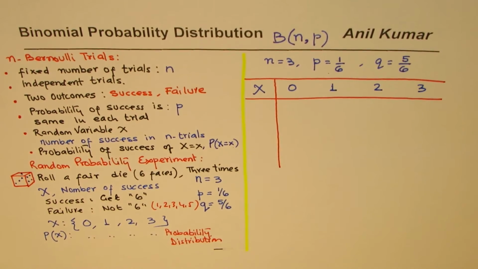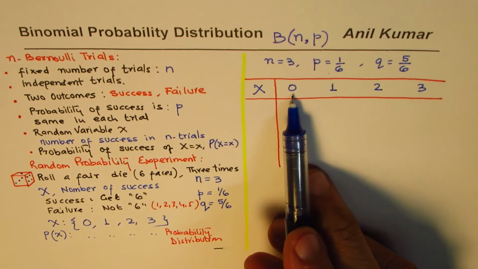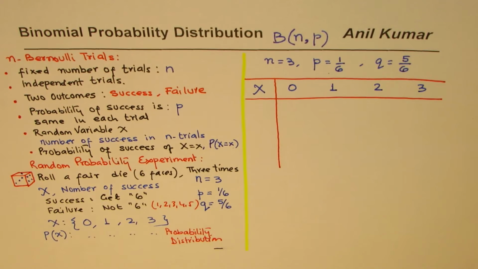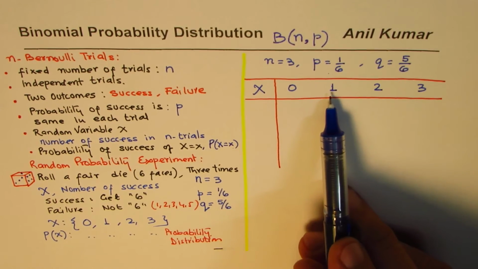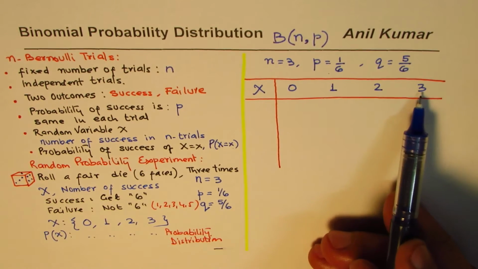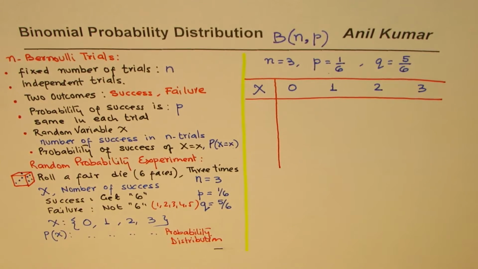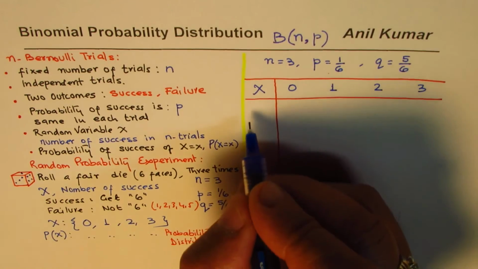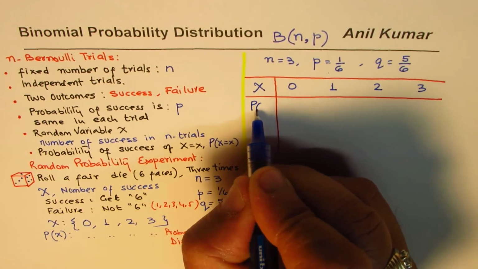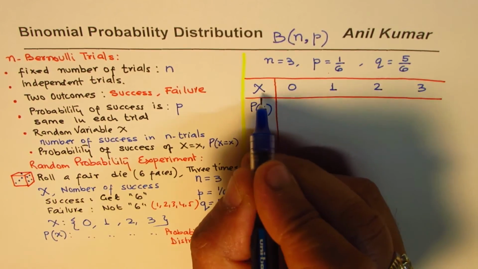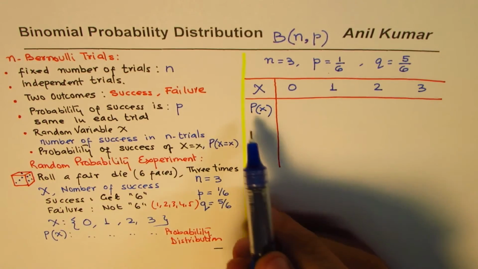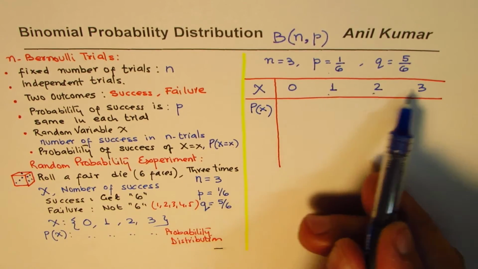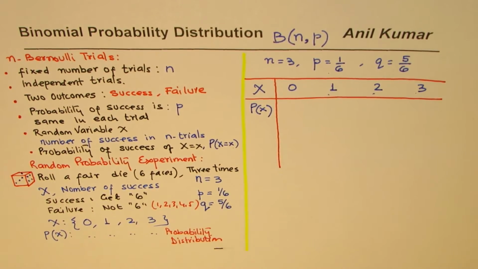With only 3 trials, you can get 6 zero times, that means you don't get 6 at all in 3 trials, or you get it once, or twice, or all 3 times you get 6. For each, we'll try to find the probability. This is capital X, the random variable, and this is the probability of each one of these, which we are going to work out.